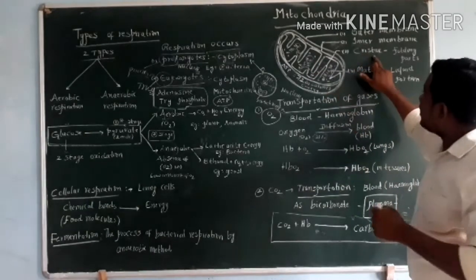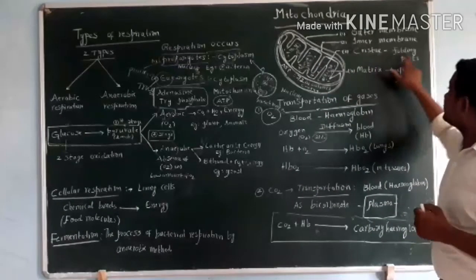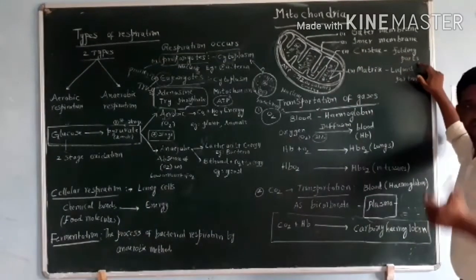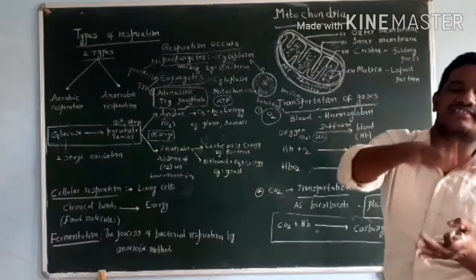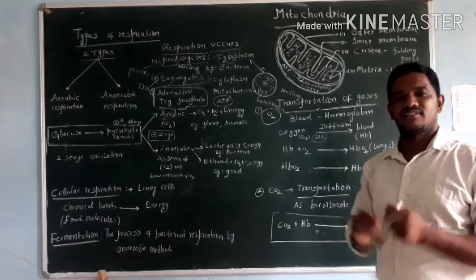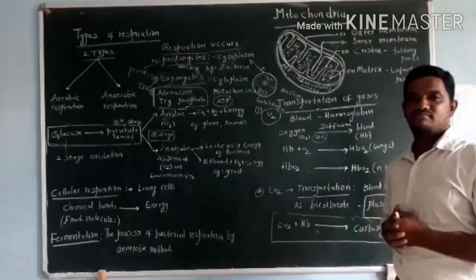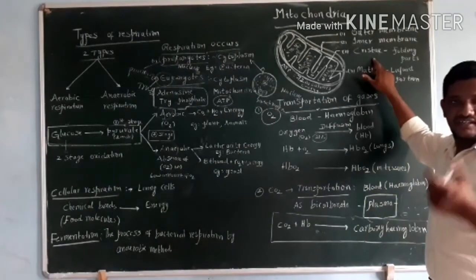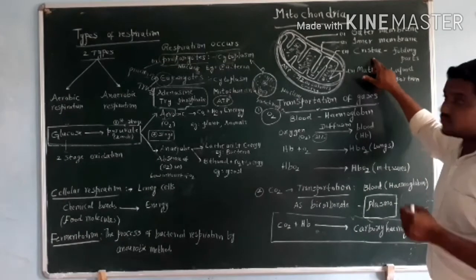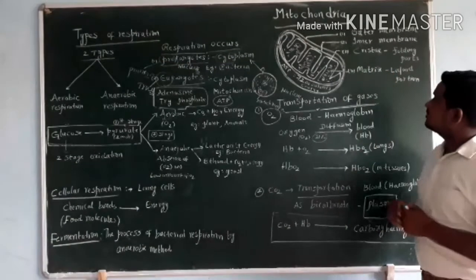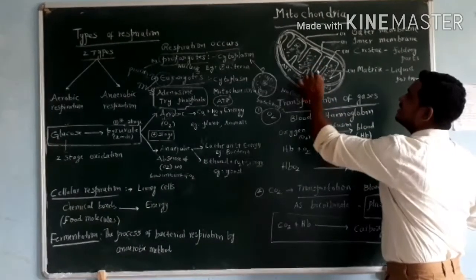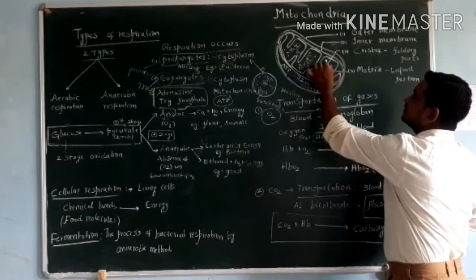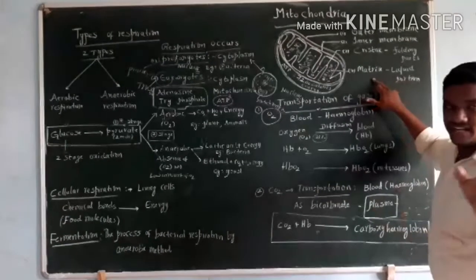That part is called cristae. So I have written here folding parts. The inner membrane folds inwards are called cristae. It's the most important. It can be asked as a question. Next one. The liquid portion present inside the mitochondria is called the matrix.